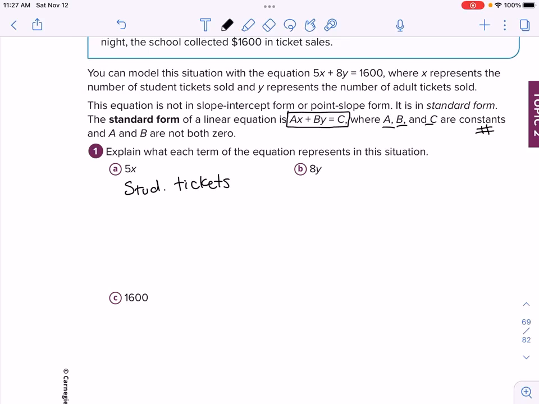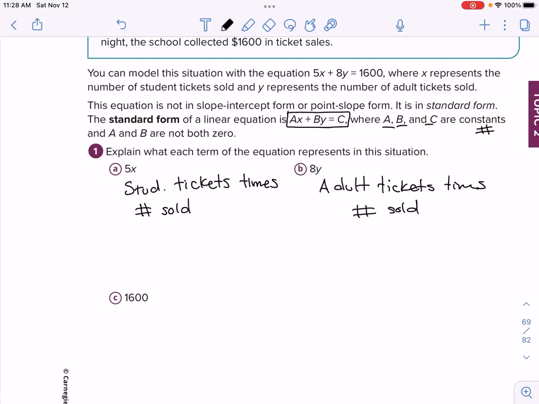times the number of tickets sold. I'll just say number sold. Right, since it's $5 per ticket, it's 5 times x. We have y representing adults, so 8y represents the cost of adult tickets times how many adult tickets were sold.